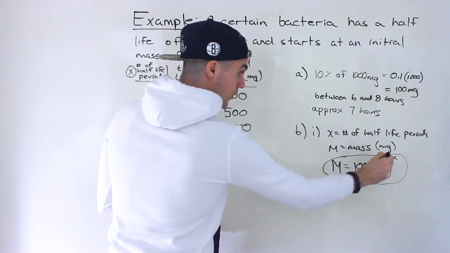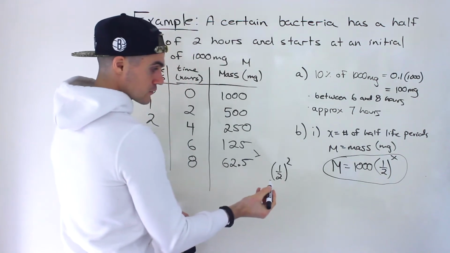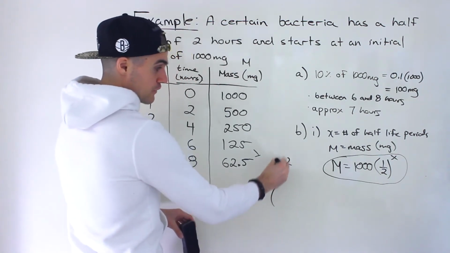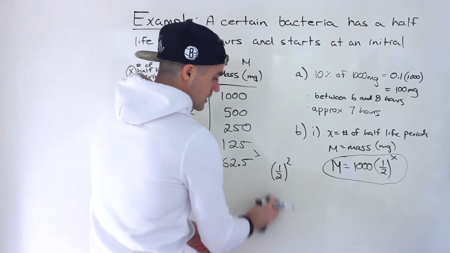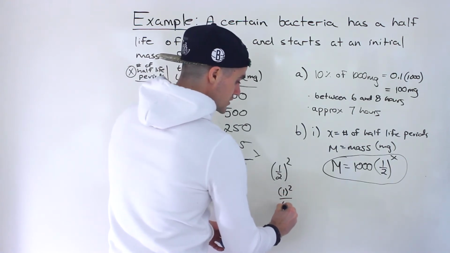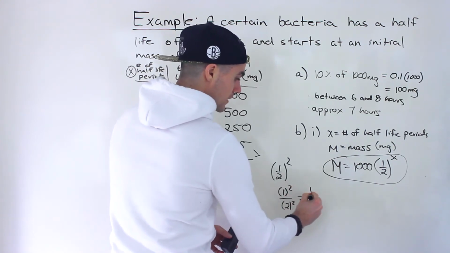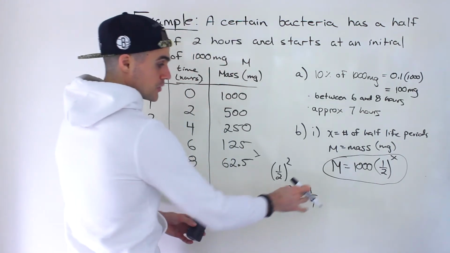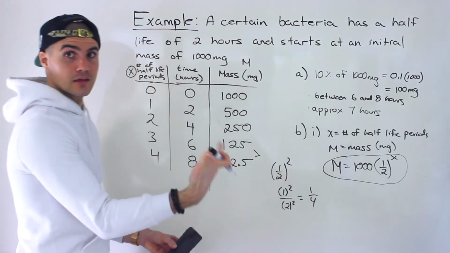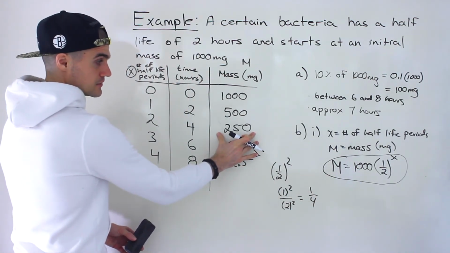We have to do the exponent first, right? So we'd have 1/2 to the power of 2, which is like taking the numerator to the power of 2 and the denominator to the power of 2. 1 to the power of 2 is 1, 2 to the power of 2 is 4. So that would be 1/4, then we multiply it by the 1,000. That's going to give us 250.